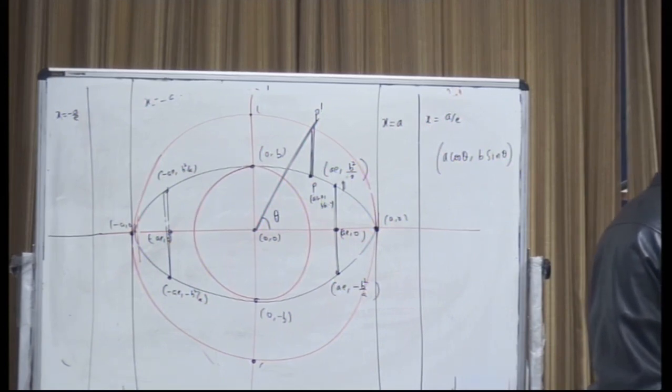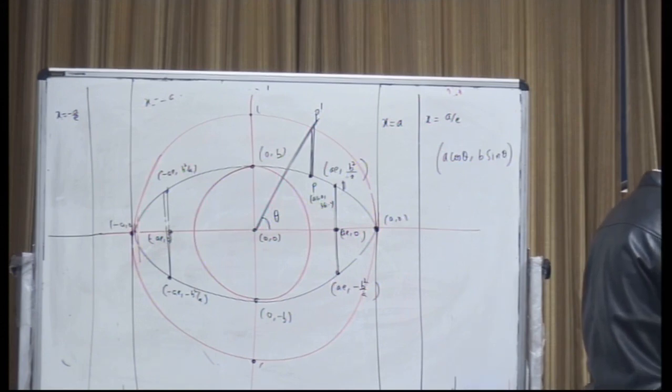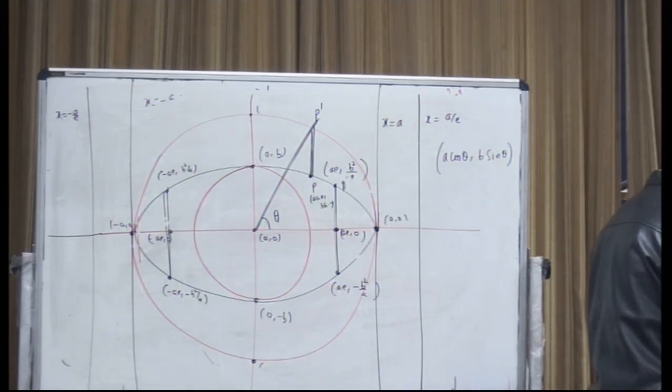What should be the length of major axis? 2a. And what should be the length of minor axis? 2b.